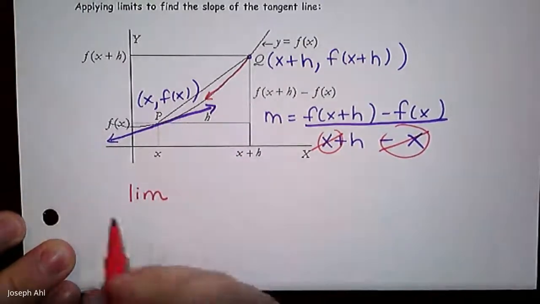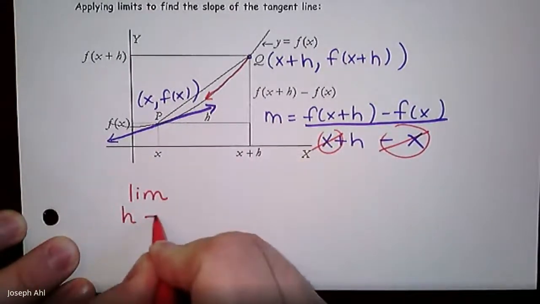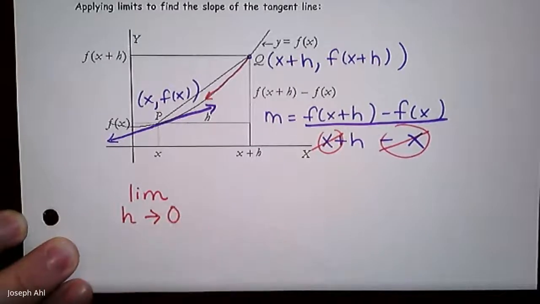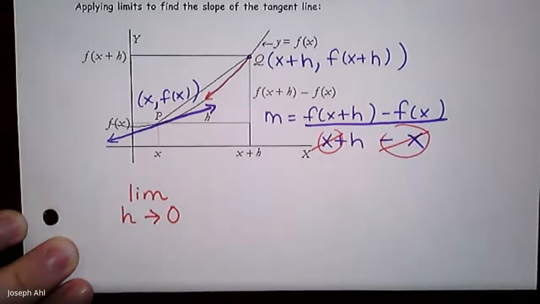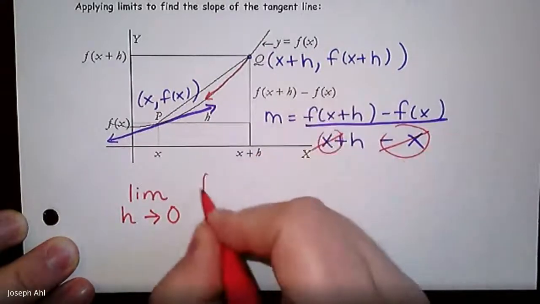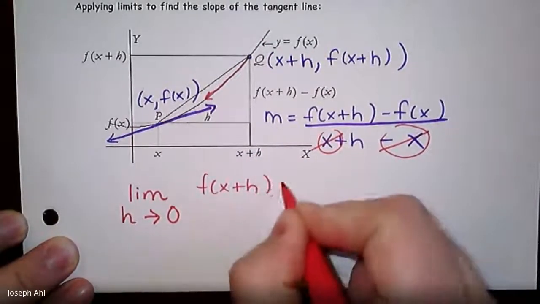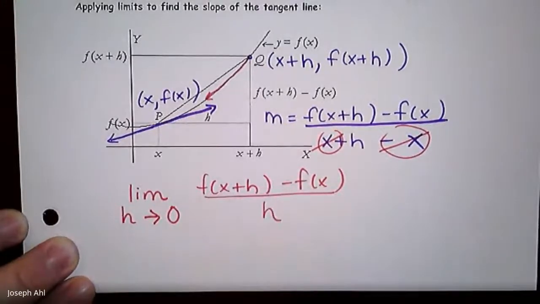So do you see where I'm headed with this? We're going to take the limit as that horizontal distance h approaches 0. That's what we want to have happen. We want to take the limit as that distance horizontally h approaches 0 for the slope between these 2 points, which we've defined right over here as being f of x plus h minus f of x over h.